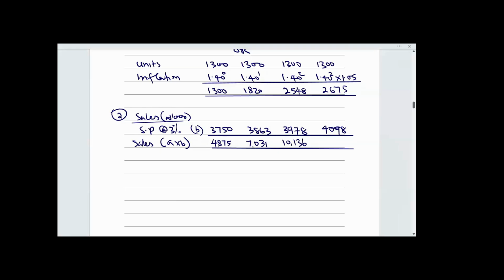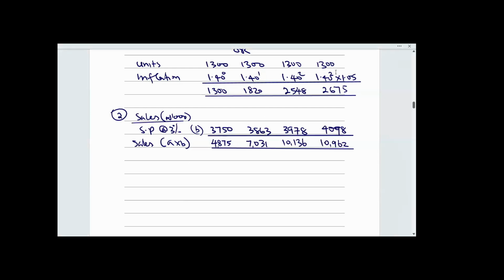Then the final year, 2,675 multiplied by 4,098 equals 10,962. So with this, we have calculated our sales value.